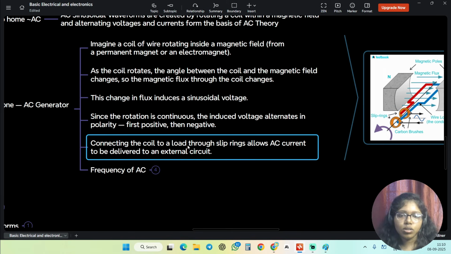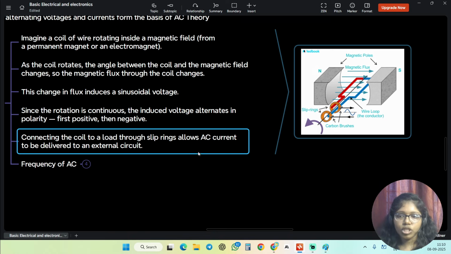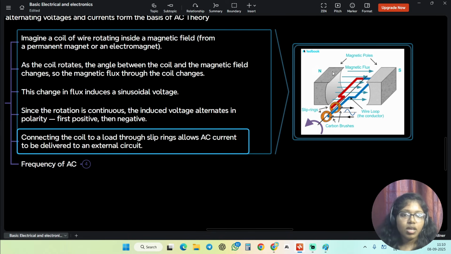connecting the coil to the load through the slip rings allows the AC current to be delivered to the external circuit. So finally, we acquire the alternating current, because through this magnet and this coil, you are producing a current that is called alternating current. That alternating current is now going to start producing the final output.